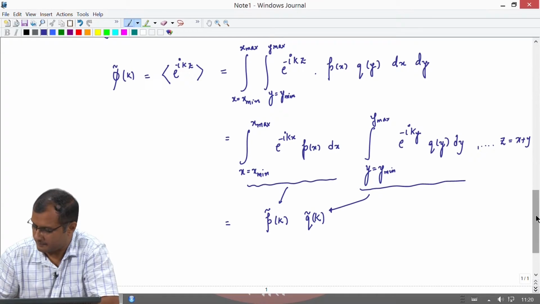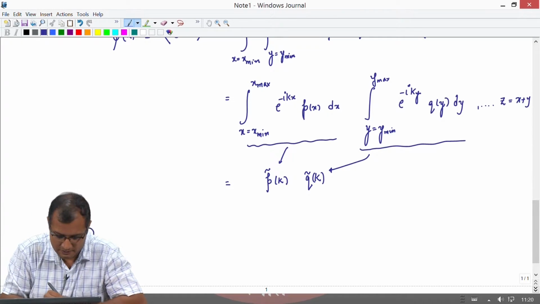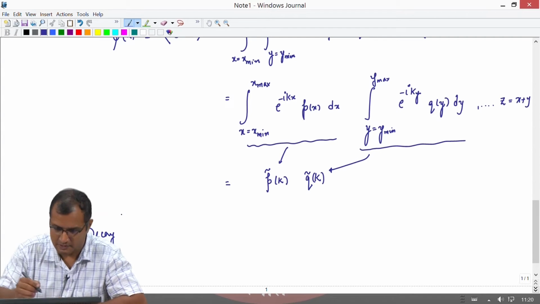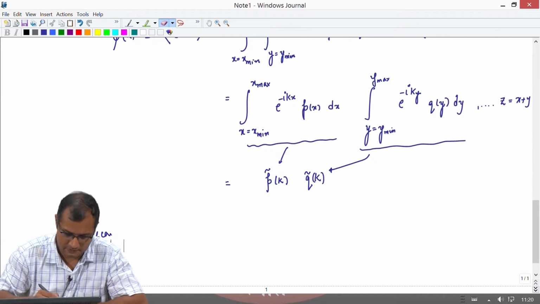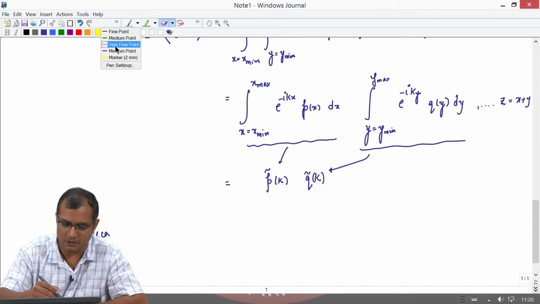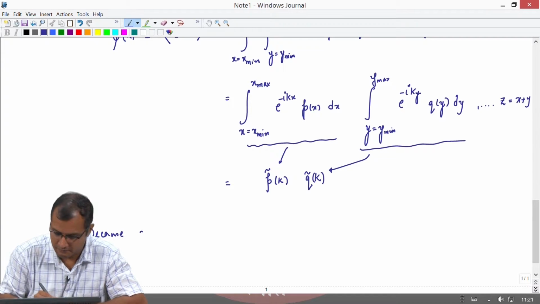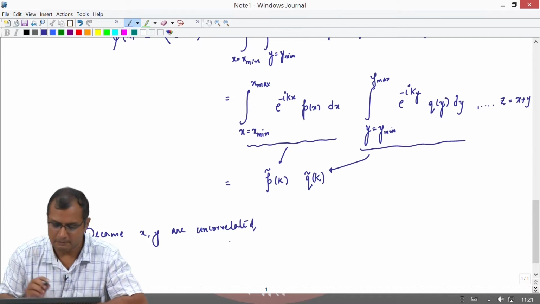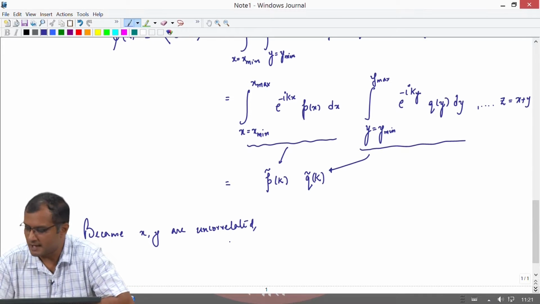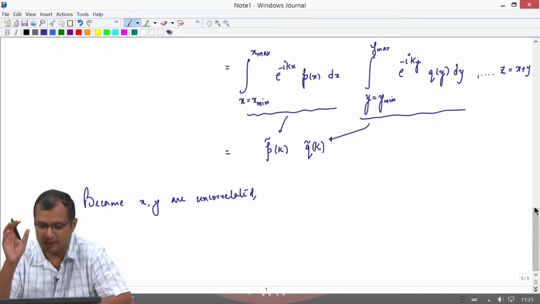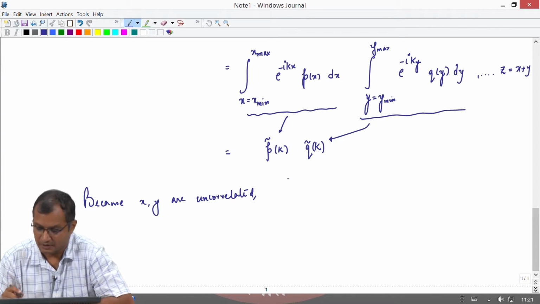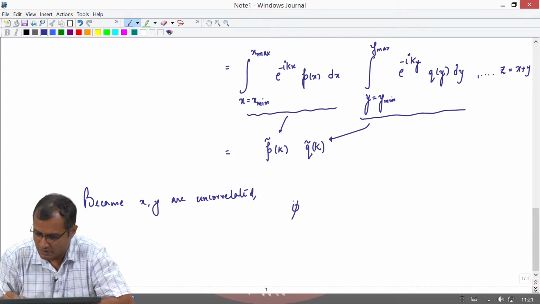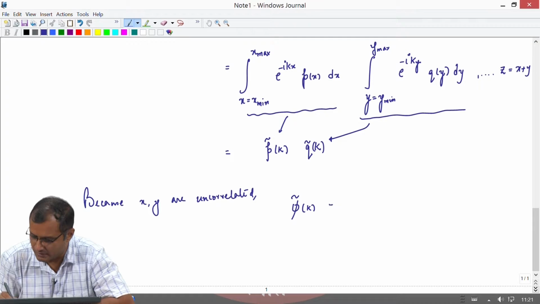Look at the beautiful result that we obtained. Because x and y were completely uncorrelated, the characteristic function of the sum is nothing but the product of individual characteristic functions.